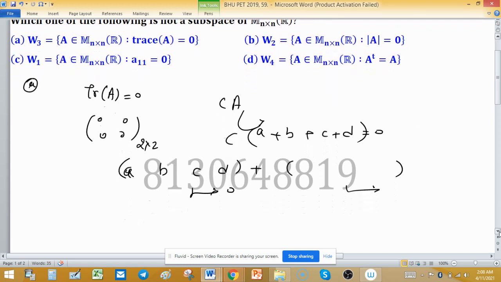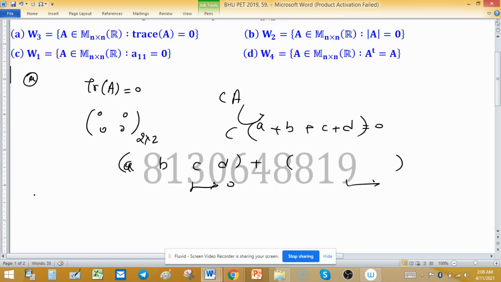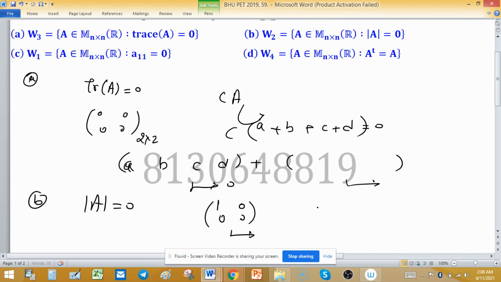What is option B? In option B, the determinant of A is 0. So the 0 matrix is there, no problem. If we are taking two elements, 1 0 0 0 and 0 0 0 1, the determinant of the first one is also 0 and the determinant of the second is also 0, but their sum is the identity matrix of order 2, and the determinant of this matrix is not 0.